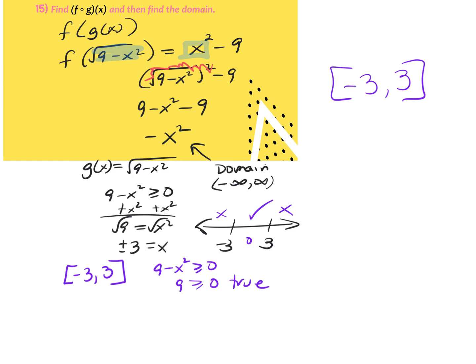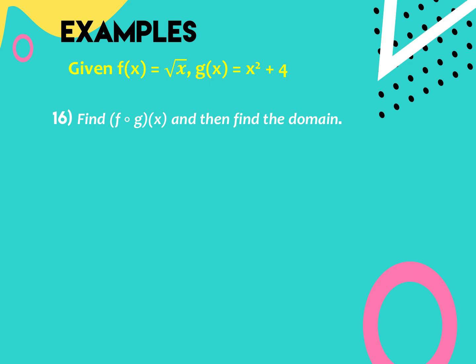So in this case, the domain of the combined function is just the input domain, because the final one was all real numbers. Let's try one more. Let's combine this one. So f composed with g.